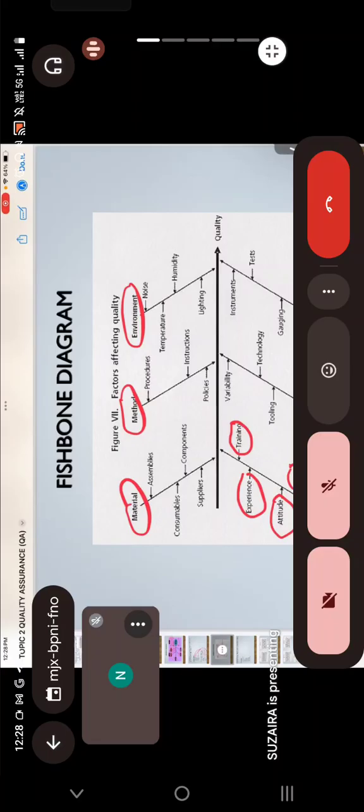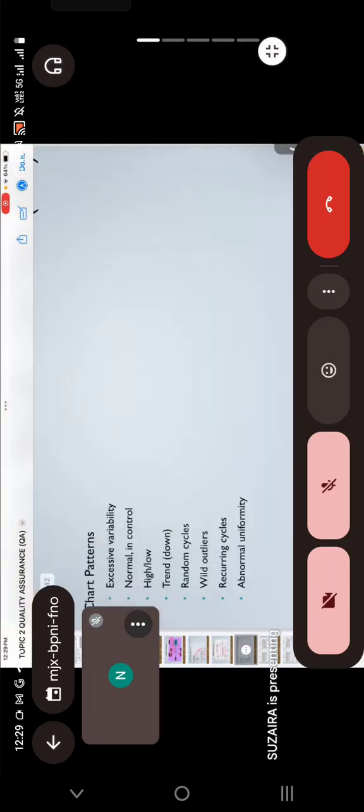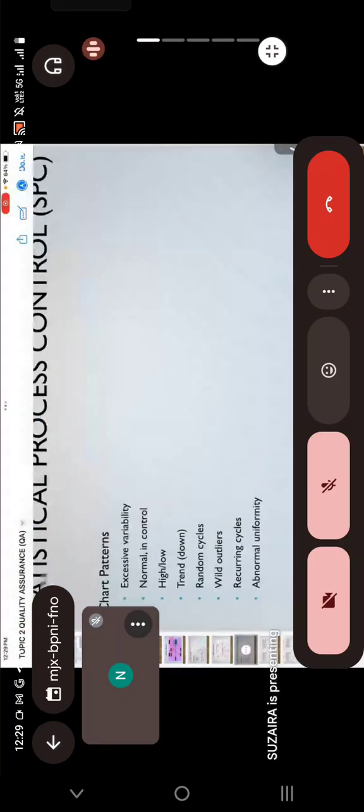Whenever you talk about machine, probably because of the technology, the fixtures, the variabilities, tooling. So these are considered as things that will affect the quality of the products, or probably increase the waste of packaging material. Okay, so that would be a little bit about the fishbone diagram.